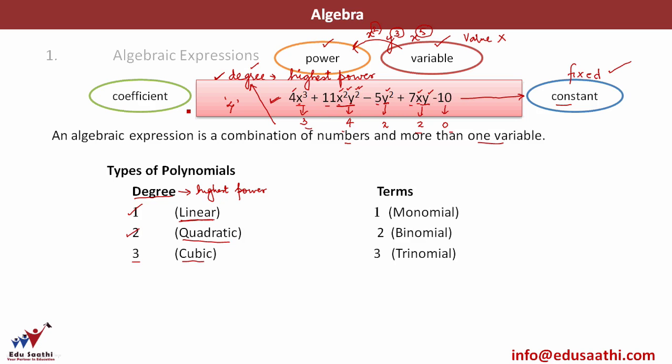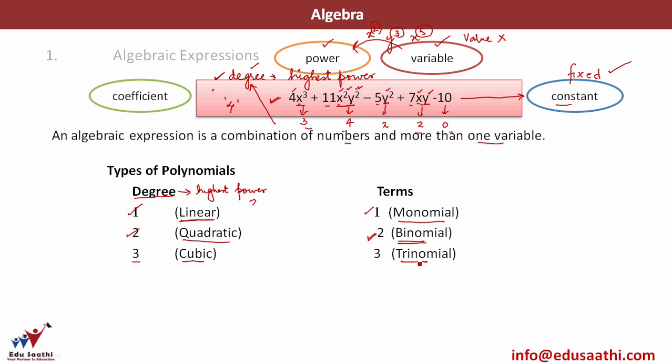On the basis of number of terms, an algebraic expression can be classified as monomial. That means there's only one term. Now I'm not talking about the degree of that term. It could be linear, it could be quadratic, or it could be cubic. If the number of terms is 2, it will be termed as binomial.